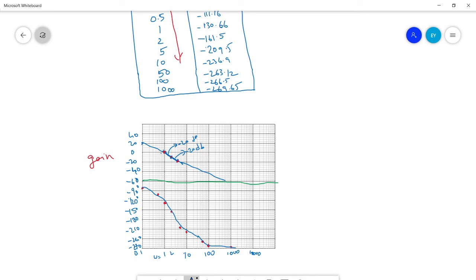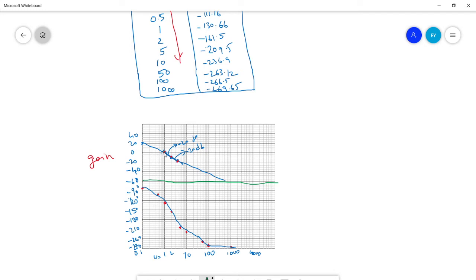Now what we need to do is draw the phase margin and gain margin. Gain crossover frequency perpendicular will give the phase margin, and phase crossover frequency perpendicular will give the gain margin. Gain crossover frequency is the frequency at 0 dB, this point.